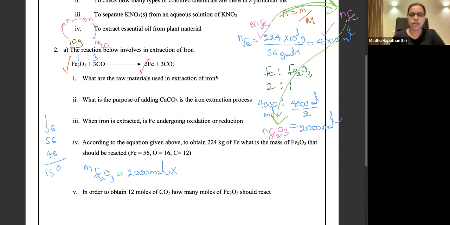Very good. It's wrong. It is 160. So stay alert. It's 160. So multiply this by 160 grams per mole. So then the mass should be coming as, I'll directly keep it in kilograms, 320 kilograms.